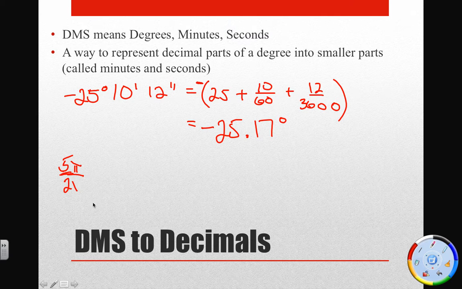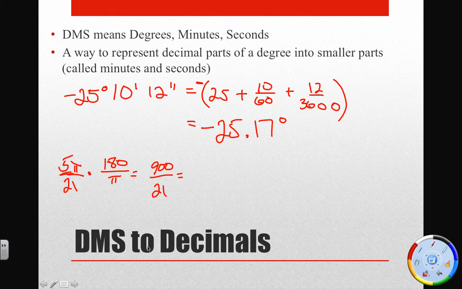Well, if I was to change this, this is degrees, minutes, and seconds, by the way, so I have to change it to degrees. So I have to multiply by 180 over pi, because that's our conversion factor. And the pi's do cancel, so I get 5 times 180, which is 900, divided by 21. But wait, I got to change this because this isn't the part for this. This is the next page. So let's pause that for a second.